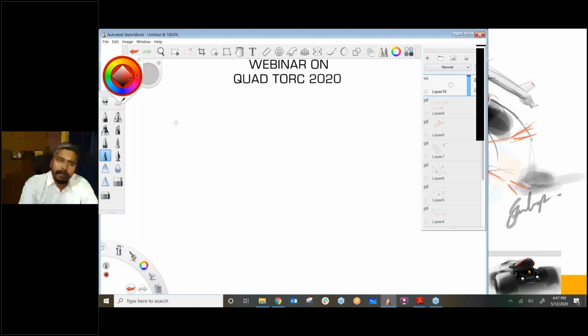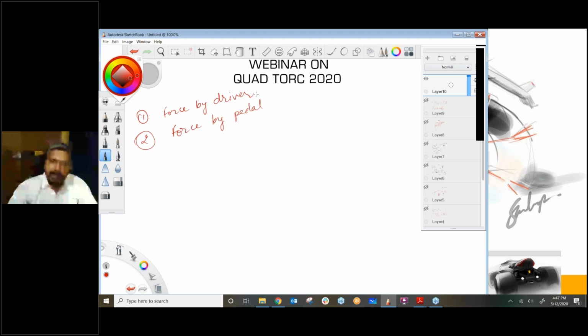So in brakes, we need to know the brake percentage. As yesterday you might have seen, the Lotus suspension asked brake percentage in front. So you need to calculate the percentage of brake in front and rear, like how much is taken by front and how much by rear.